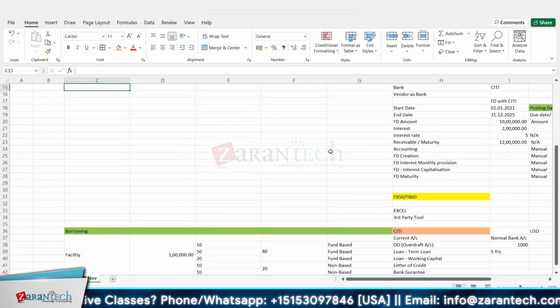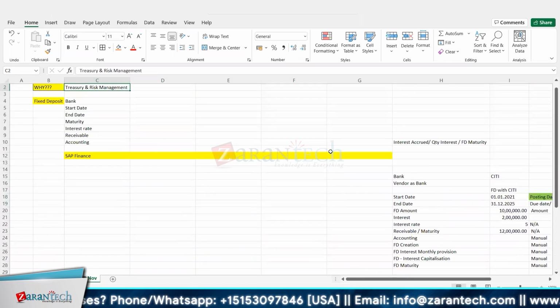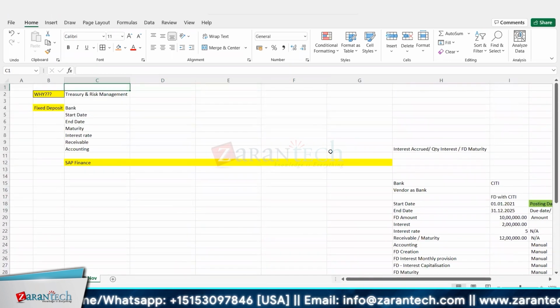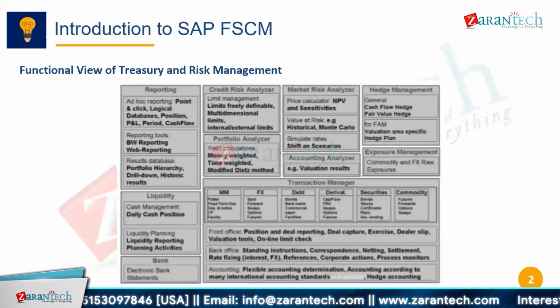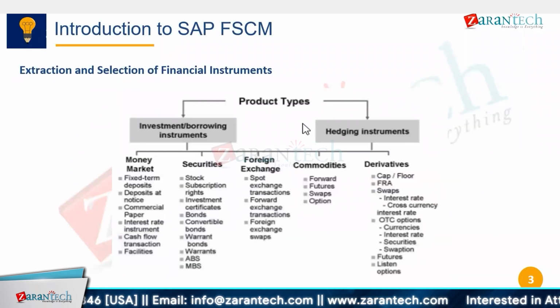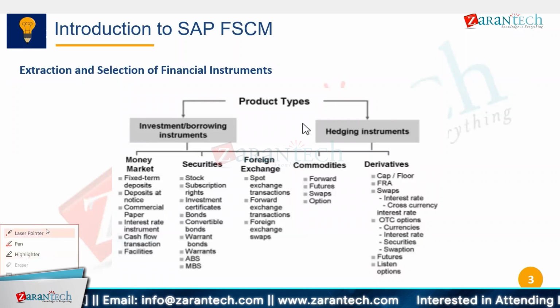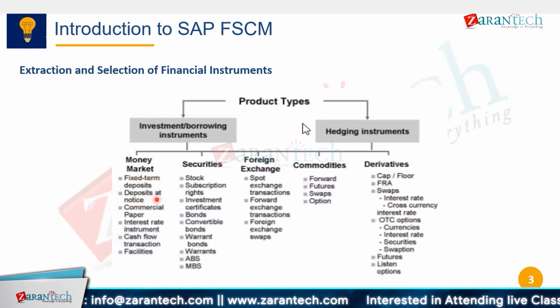Yes, Hemant. Okay. So if you take any product example, here we have all these products, and all these categories are unique: fixed deposit, deposit at notice. We will understand them one by one in subsequent classes. But if you take any of these products in the finance module, you won't be able to meet the requirement of your accounting and reporting.